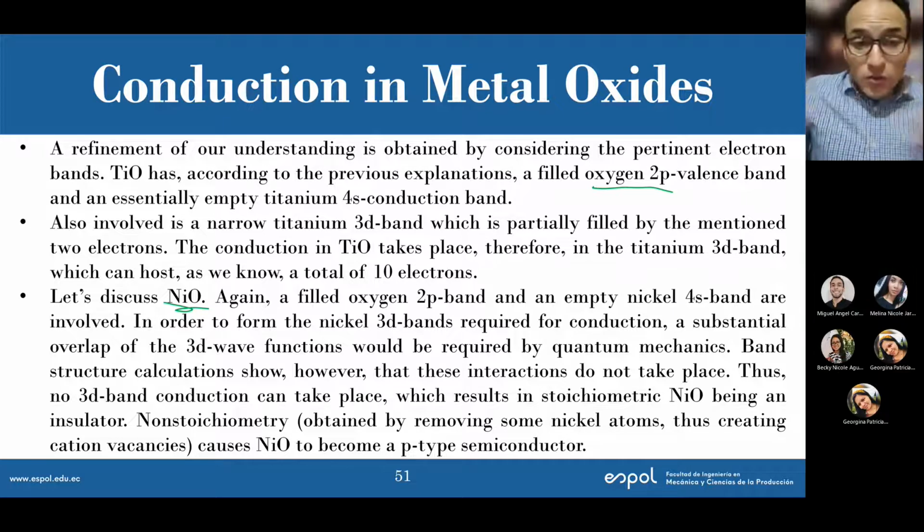If you look at the electronic structure of nickel, you fill the 2p band with nickel and oxygen like you do with titanium monoxide, and you get an empty nickel 4s band, such as you get an empty 4s band in titanium. However, for nickel, the 3d band is actually 3d6. It's not 3d2 like you get in titanium.